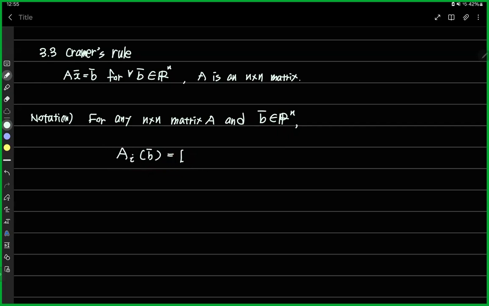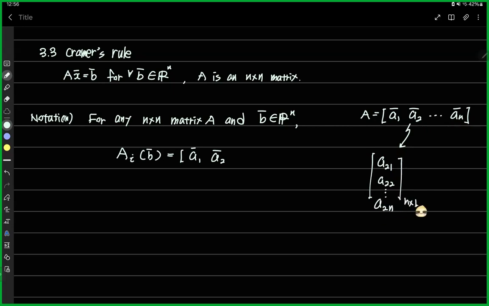That means replacing the ith column in matrix A by the column vector B. A1, A2 are column vectors in matrix A. So let's say A is A1, A2 through An. For example, A2 is the column vector A21, A22 through A2n, an n by 1 column vector.